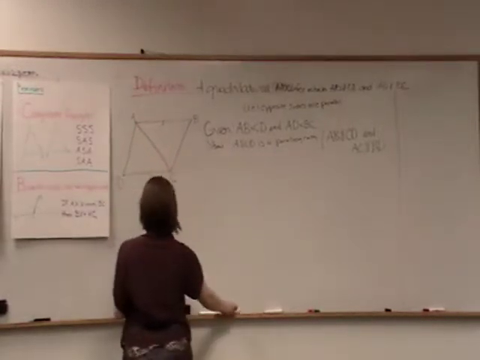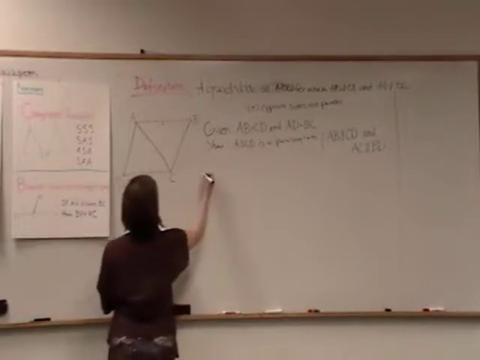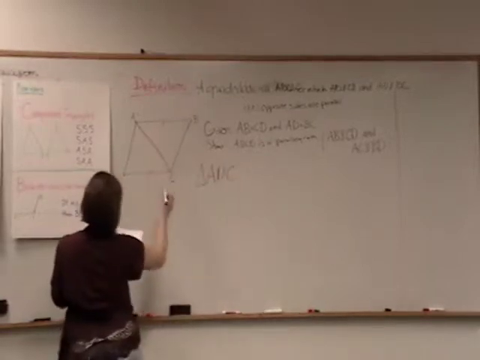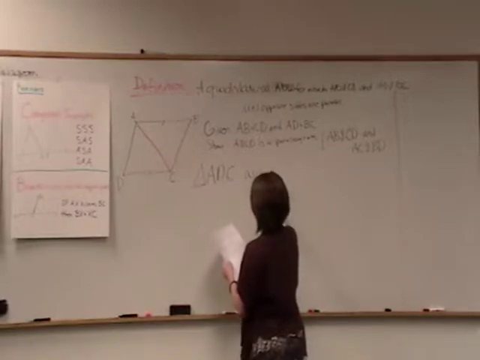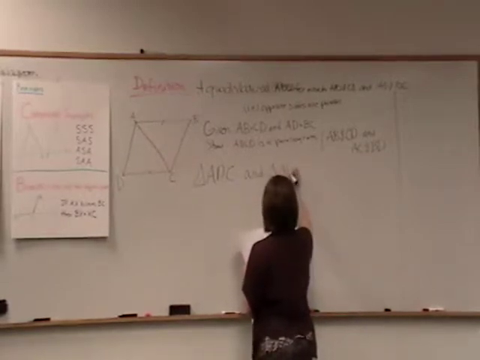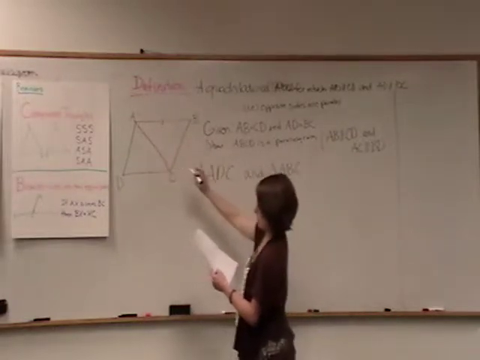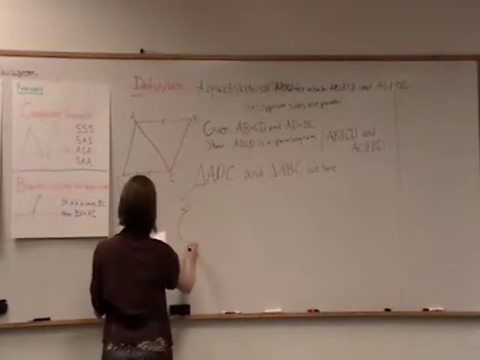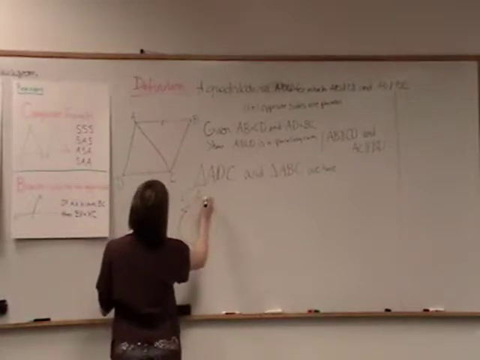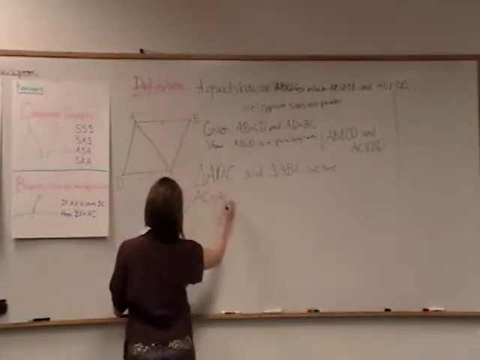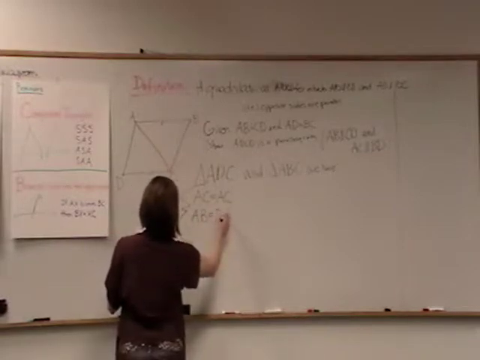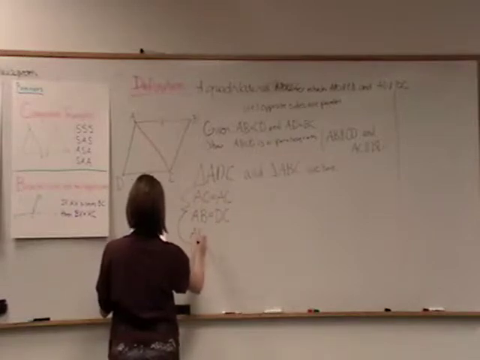AC. Now, if we examine triangle ADC and triangle ABC, we have AC is equal to itself, of course, and we were given AB equals DC and AD equals BC.